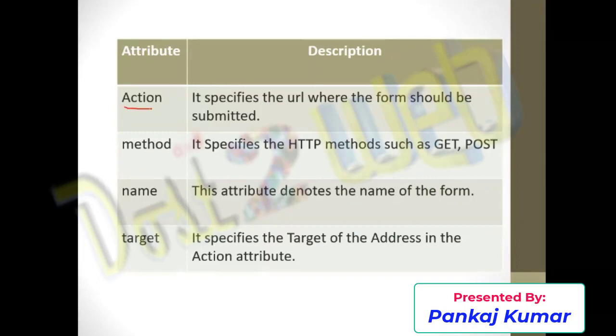As I mentioned, action specifies the URL, that is where you are going to submit the data. Method specifies that you are going to use the HTTP method of get or post. Name denotes the name of the form. And target is the target address in the action attribute that you have to define.